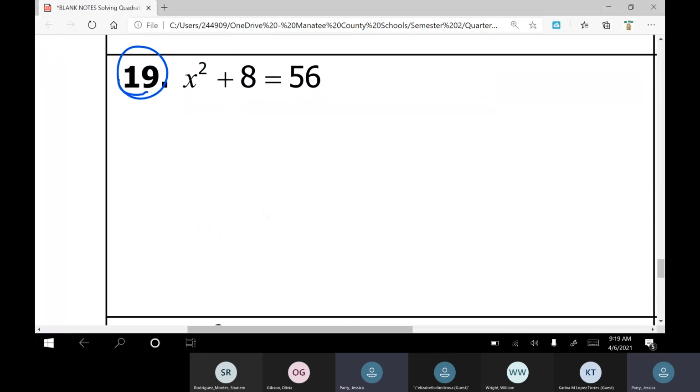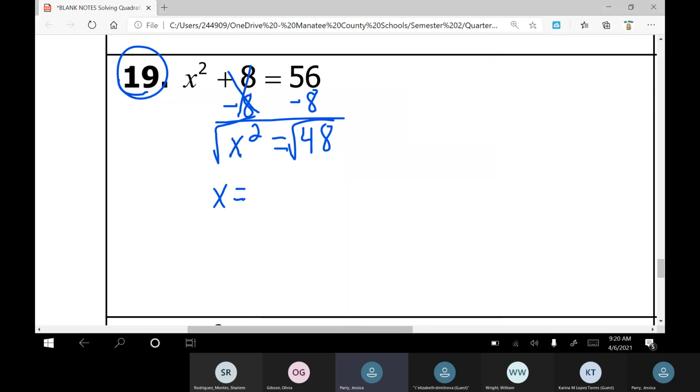Number 19. First, our goal is to isolate the x squared. So I'm going to first get rid of that plus 8. I'll do the opposite, minus 8 on both sides. So then I've got x squared equals 48. Okay, so now I've got my x squared isolated. Now I can take the square root on both sides, so that I'm left with x equals.